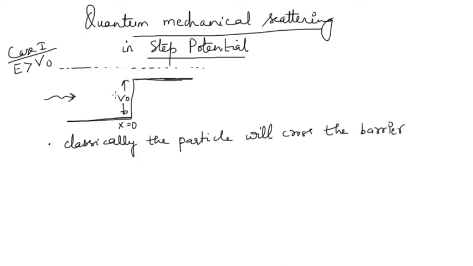Obviously, when the energy is greater than V naught, we have some positive kinetic energy and it will cross the barrier and will always be transmitted. Okay. Now what do we expect quantum mechanically?